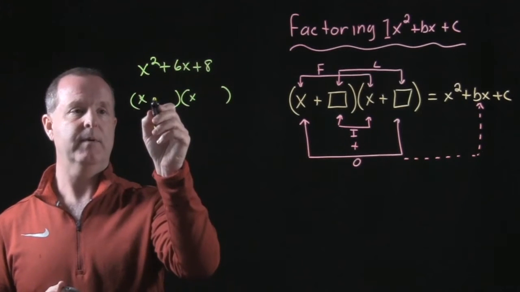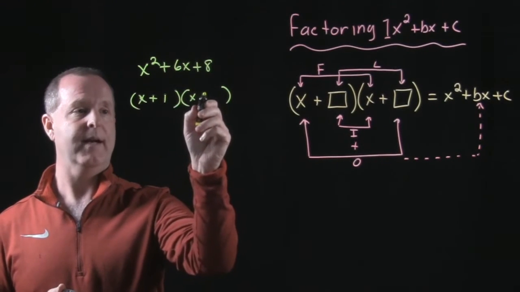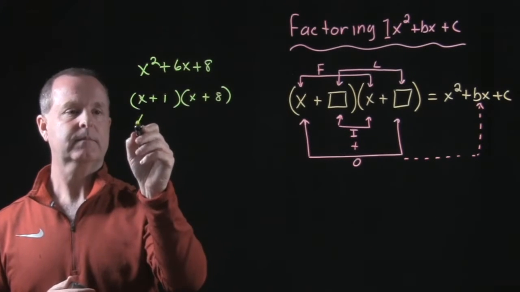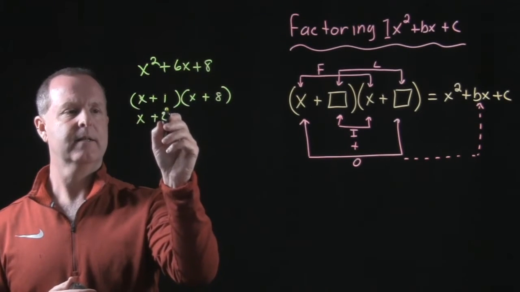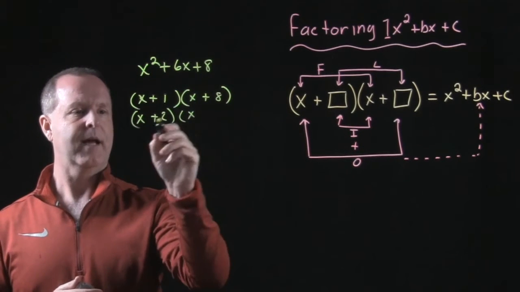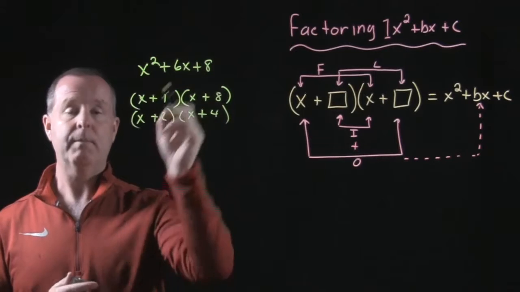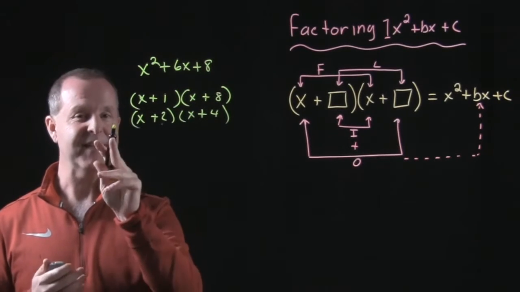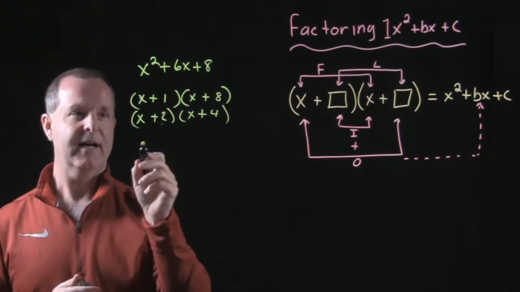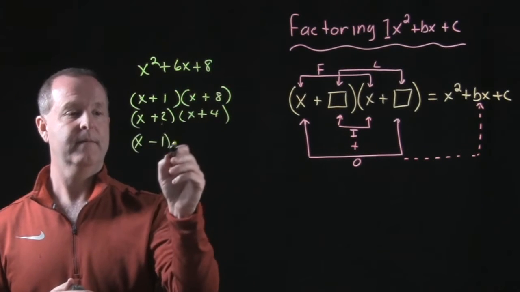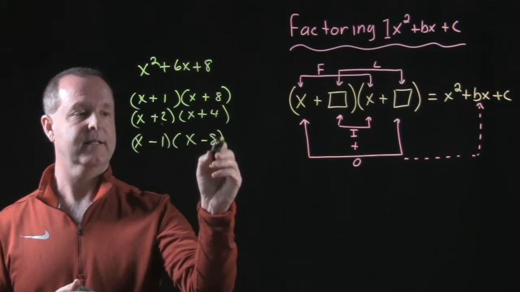So here's one example: x plus 1 and x plus 8. 1 times 8 makes an 8. How about x plus 2 times x plus 4? 2 times 4 produces an 8. I can think of two more, at least. We can also do x minus 1 and x minus 8.